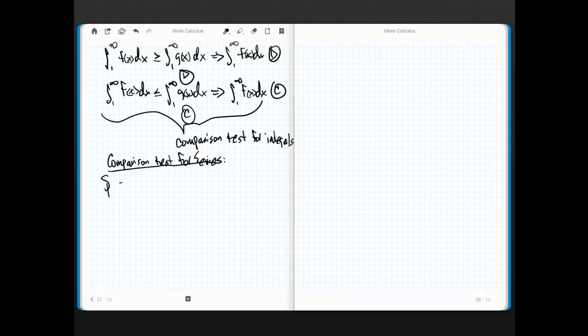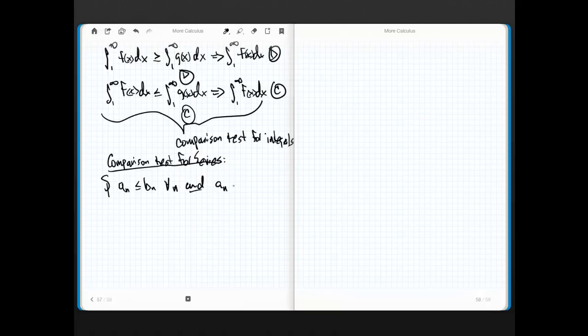So suppose a sub n is less than or equal to b sub n for all n, right? Now that's going to get a little bit wiggly, and I'll redefine that in class. But for now, let's just assume that it's for every n, okay? And this is important.